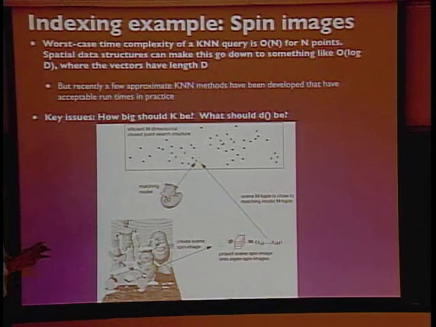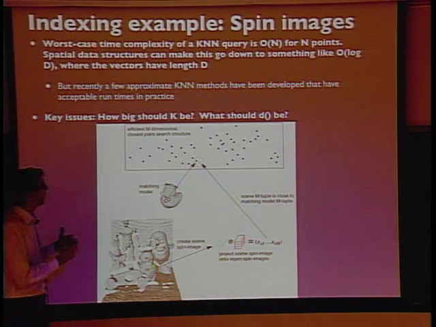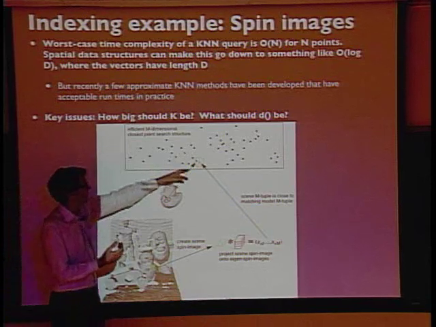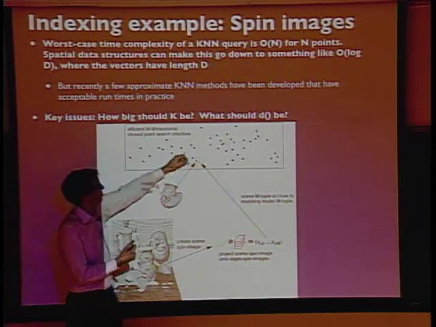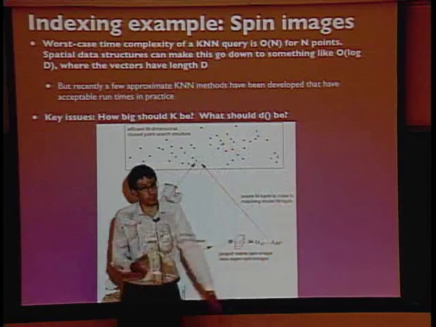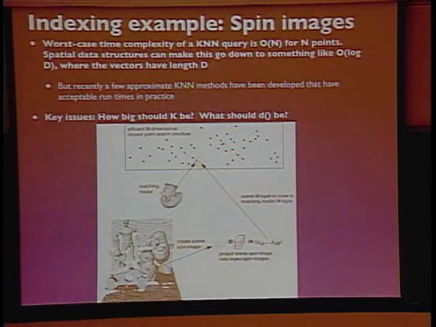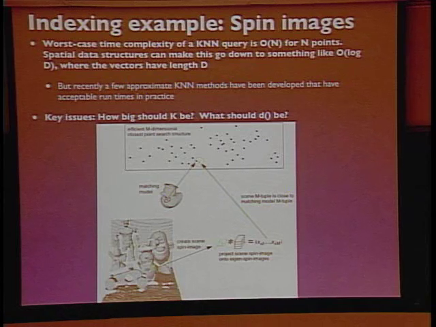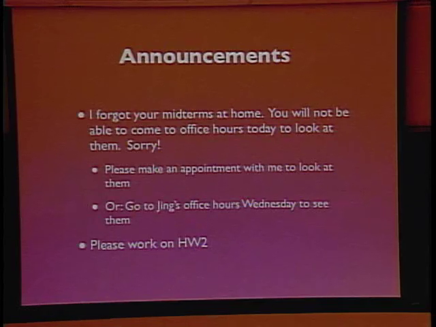So you might want to change the distance function, which is to say, change how you evaluate distances between scene signatures and model ones. So this is the question of what D should be: what should the distance metric between your scene signatures and your model signatures be? I don't have any pat answers, but it could depend on your application domain of interest, in other words, your own semantic notions of what it should mean for two signatures to be similar to each other. So those are the key issues there.